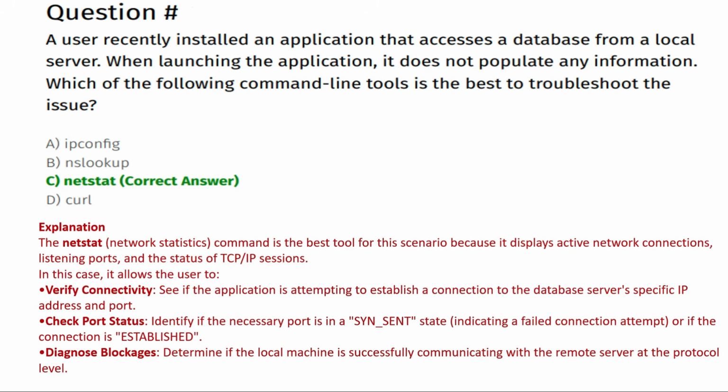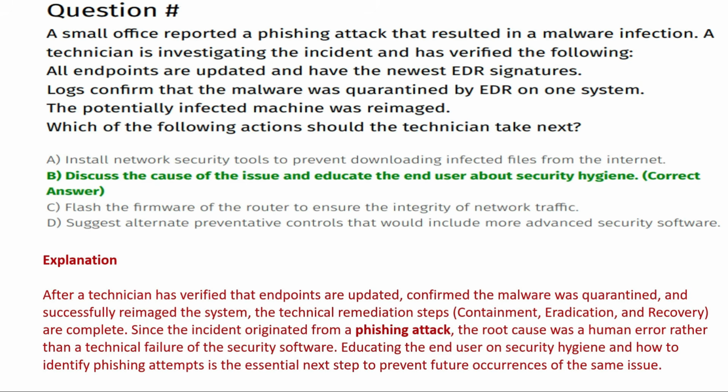Check port status, to identify if the necessary port is in SYN_SENT state, indicating a failed connection attempt, or if the connection is established. The last option is diagnose blockages, to determine if the local machine is successfully communicating with the remote server at the protocol level. So that's why the correct answer for this question is option C, netstat. So let's move to the next question.